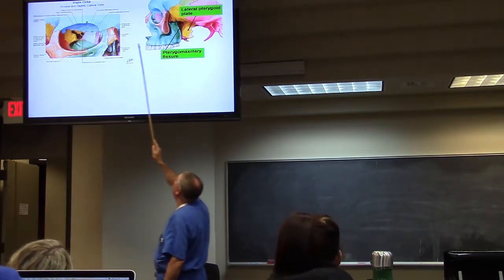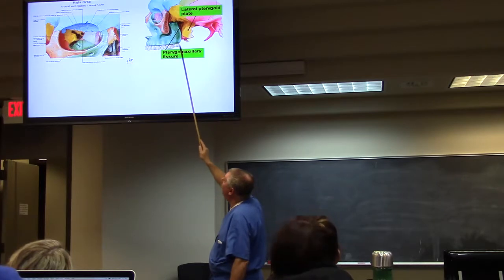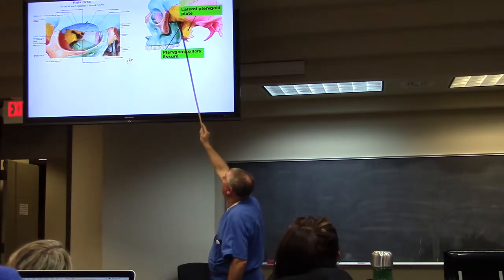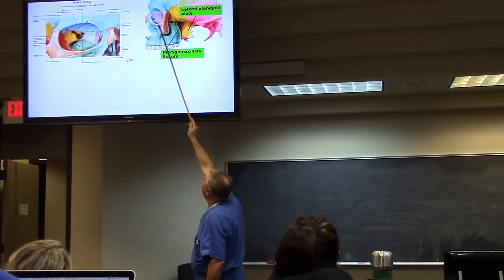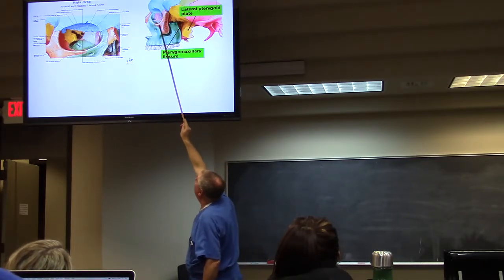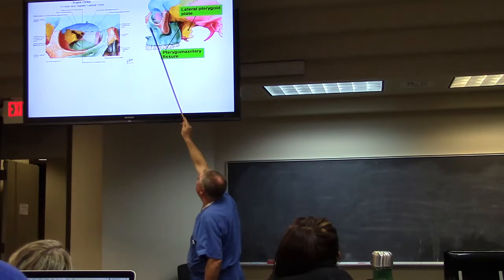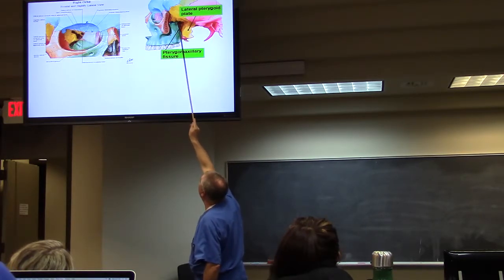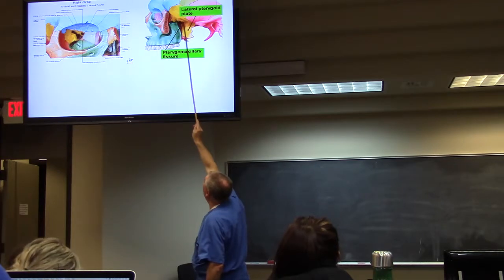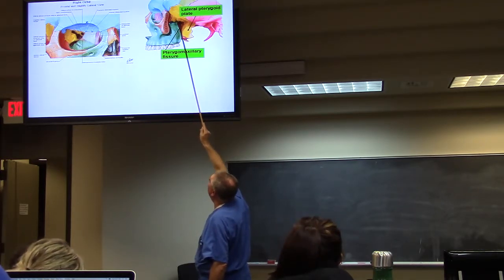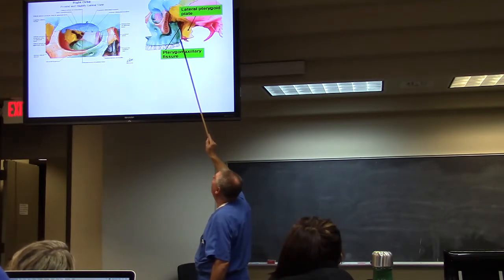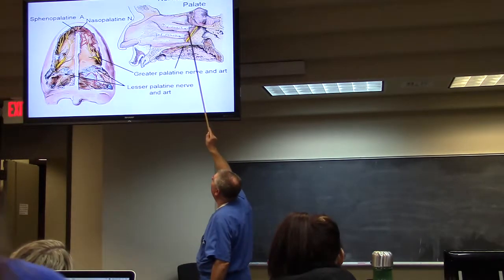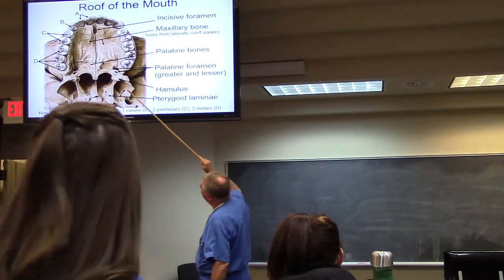Now on this slide, on this section right here, if we look from the outside, there's the orbit right there. The nose is here. So V2 is going to be coming along here somewhere. It crosses right there. There's the back of the maxillary bone, and this is that plate. If you go back to here, that plate is right there.